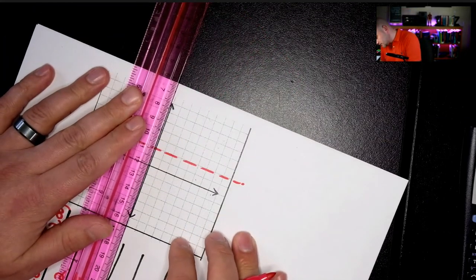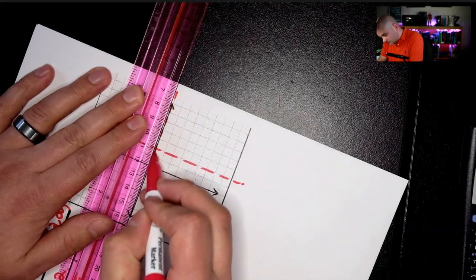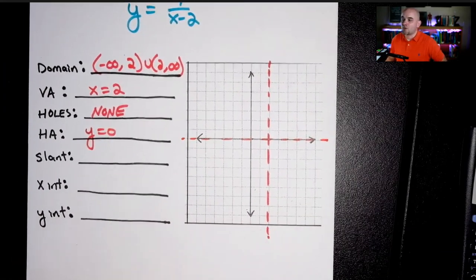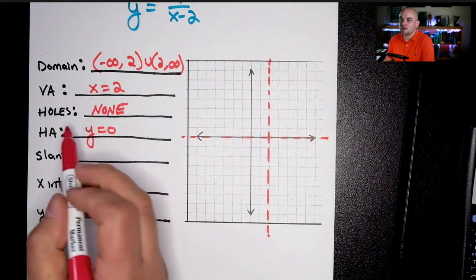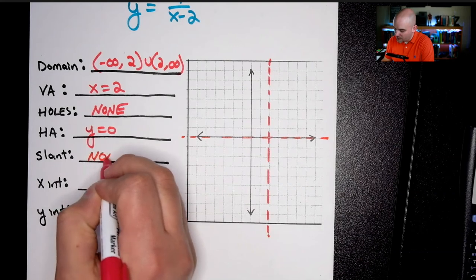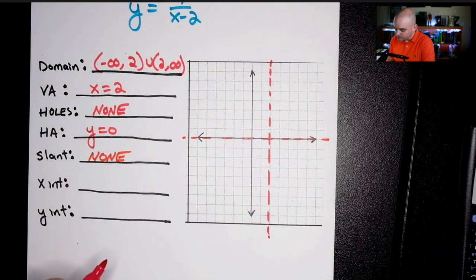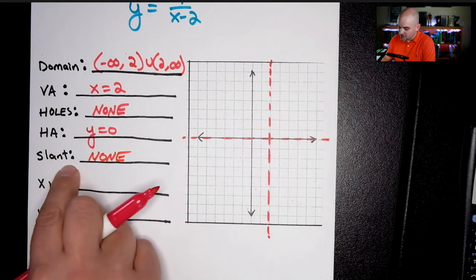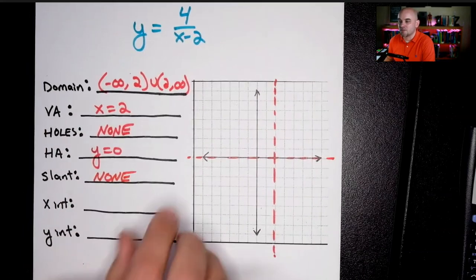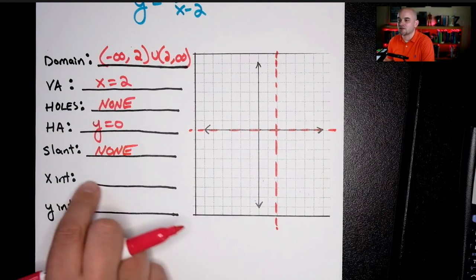Let's put that in. So now we have our horizontal and a vertical one. Because there is a horizontal asymptote, there is no slant asymptote. You can't have both. Remember, slant usually happens when the degree up top is larger than the bottom, but sometimes, even though that's the case, there is no slant.